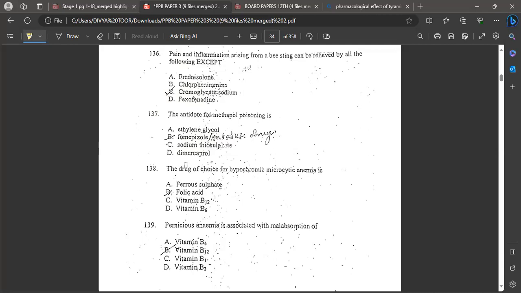I think C. Yeah, we go with that, because we've only seen this being used in asthma. I mean, from its MOA you can argue that it can be used, but we've only seen it being used in asthma.